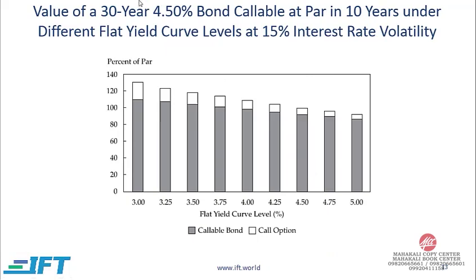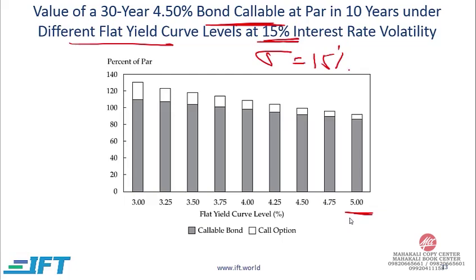Now we look at the value of a callable bond under different flat yield curve levels, but keeping the volatility fixed at 15%. So what happens here? Let's say we start at a high interest rate of 5%. At a high interest rate, this represents the value of the straight bond.